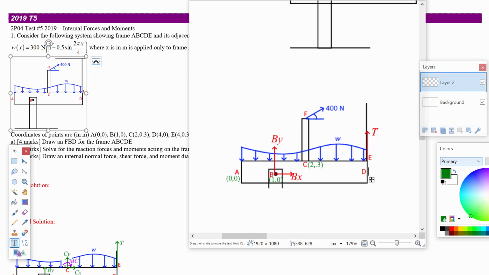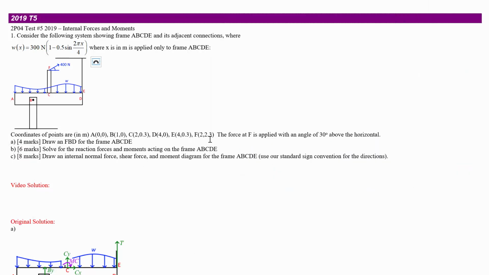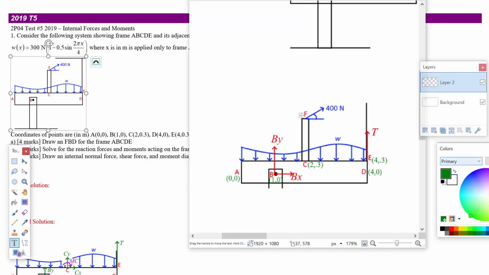D is at location 4, 0. E is at location 4, 0.3, that is, 0.3 up. And F is at location 2 and 2.3. Okay, so we should now be in a position to copy that thing and paste it in.